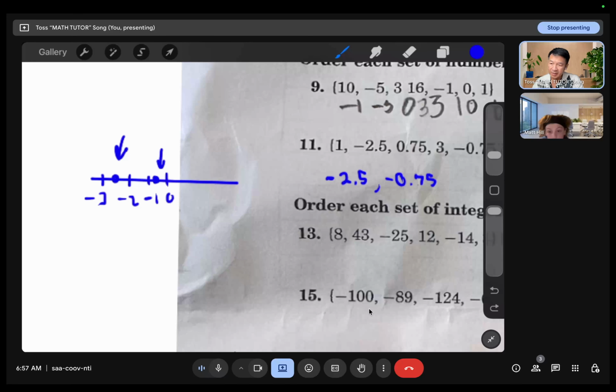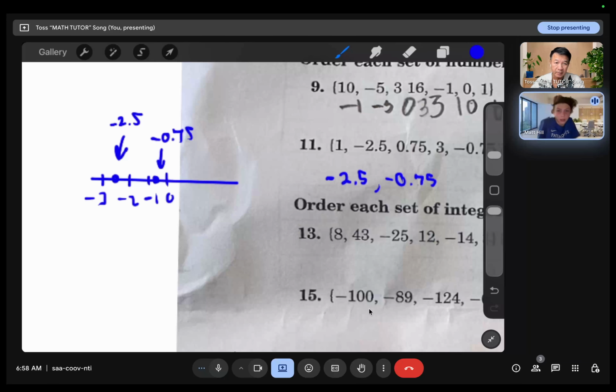This is the proper way of saying it: the further the number is away from 0 to the left, the smaller it is. So this first number, -2.5, is further away from 0 than -0.75. -0.75 is almost getting close to -1. But -2 is further away from -1. Look at it, okay? Do you see that? The negative 2 is further away from negative 1. Therefore, it's smaller.